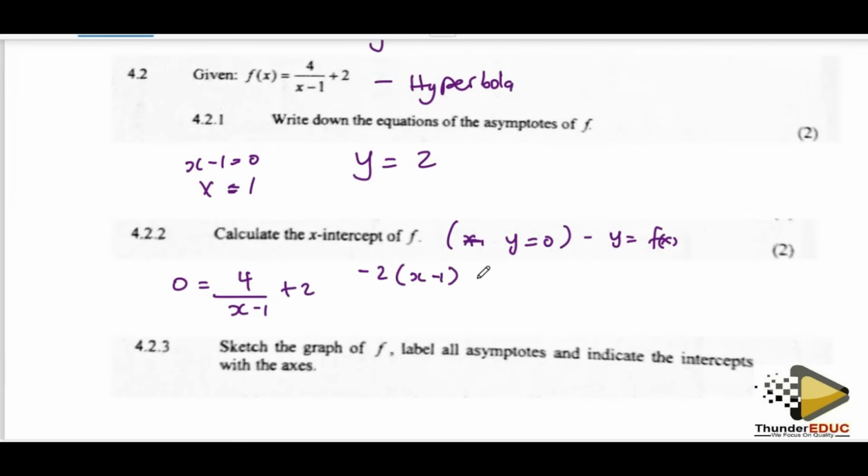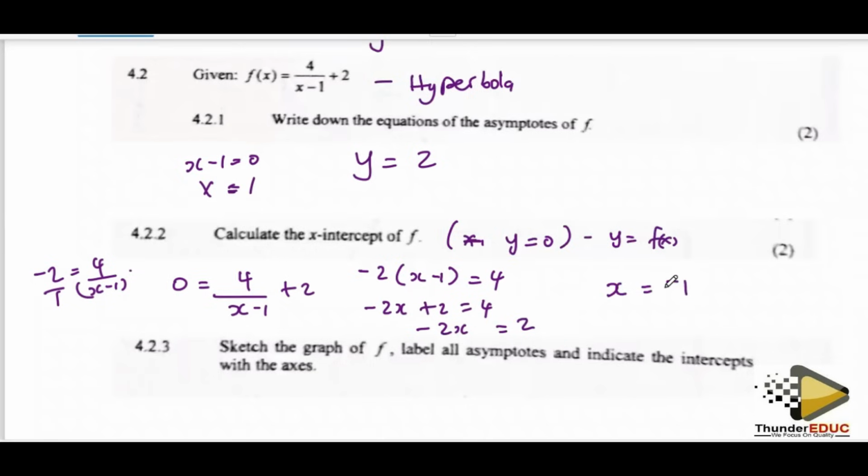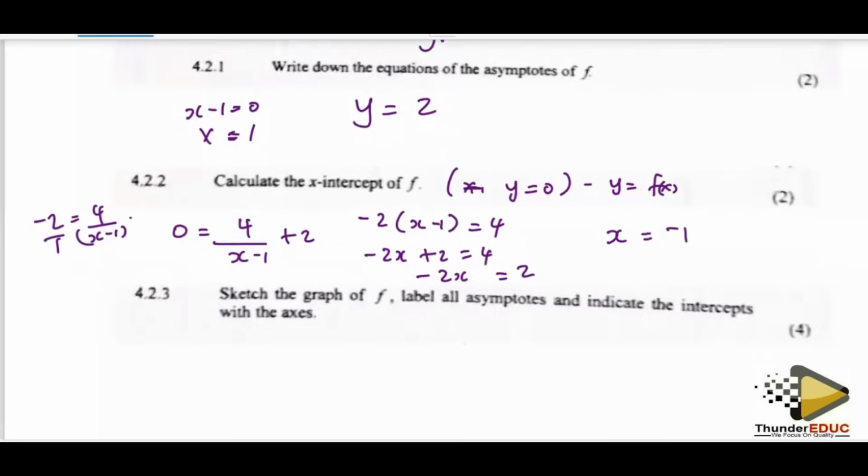So negative 2 is equal to 4 over x minus 1. Then I multiply both sides by the denominator. Open this up, negative 2x plus 2 is equal to 4. Move the 2 to that side, negative 2x is equal to 2. Divide both sides by negative 2, which means x is going to be negative 1. It's the x-intercept and not the coordinates.